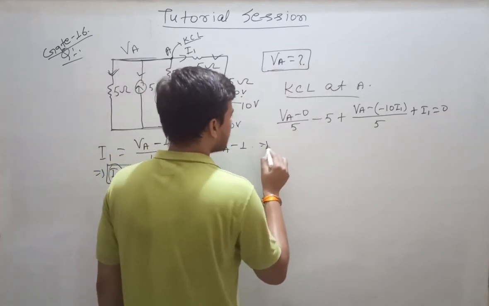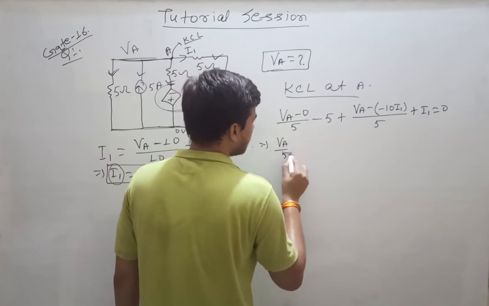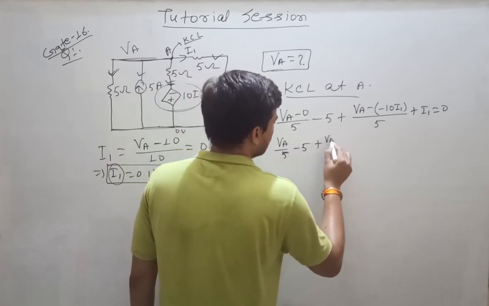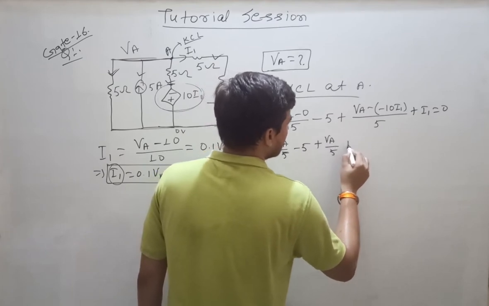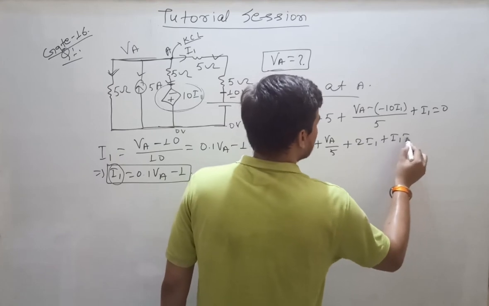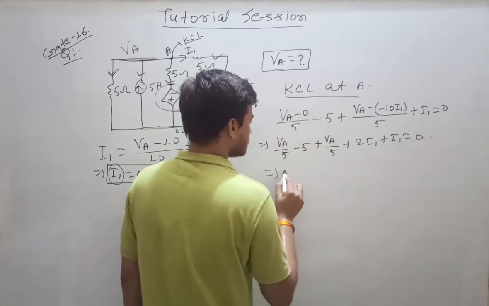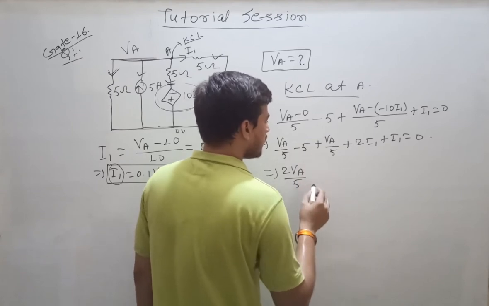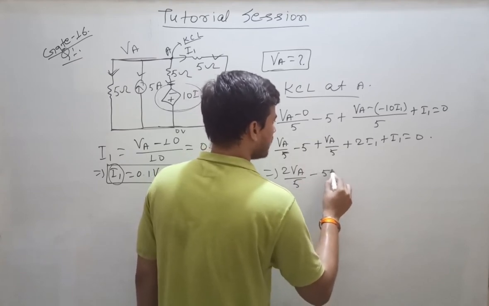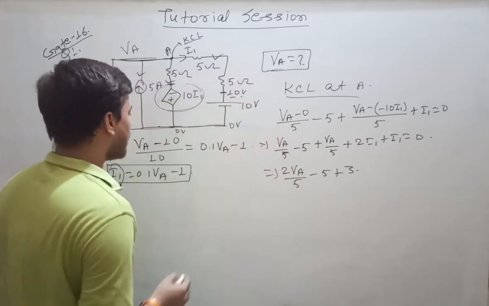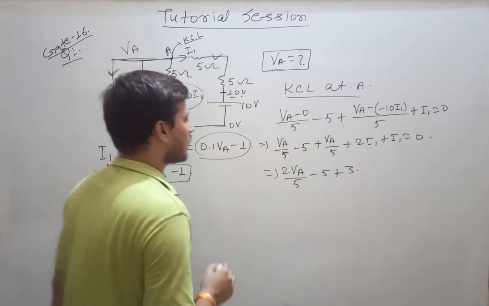So from here you get VA by 5 minus 5 plus VA by 5 plus 2 I1 plus I1 equal to 0. That means 2 VA divided by 5 minus 5 plus 3 into I1. Now at the place of I1 we write 0.1 VA minus 1.